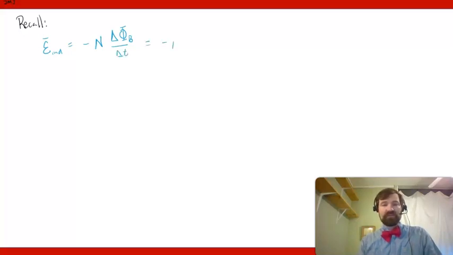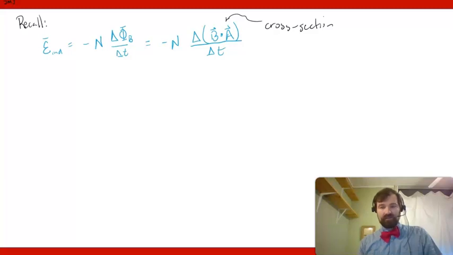And so that often is negative N delta of B dot A, where A is the cross-section area for which the flux is being calculated, over delta T. So this is like a cross-section area. And so that is Faraday's law from an algebra-based perspective.